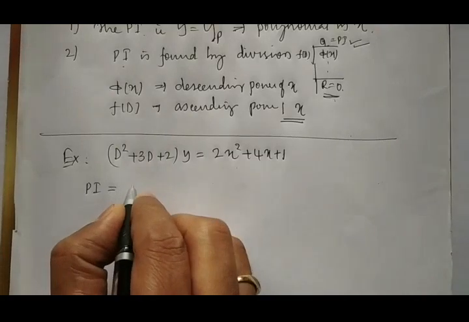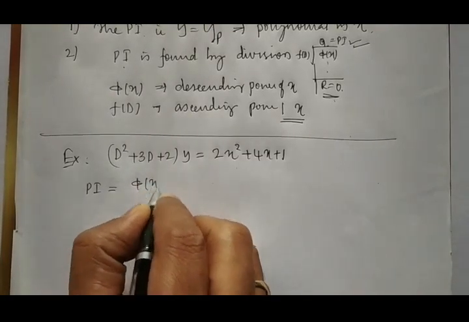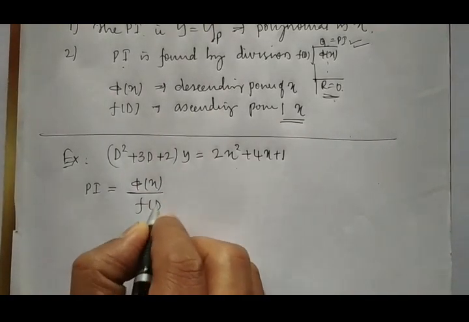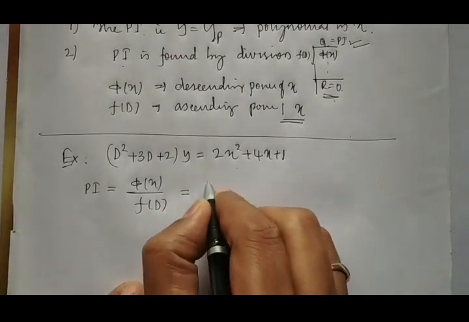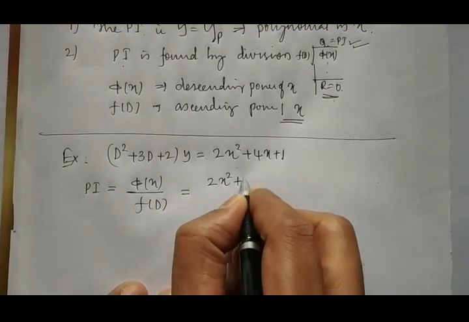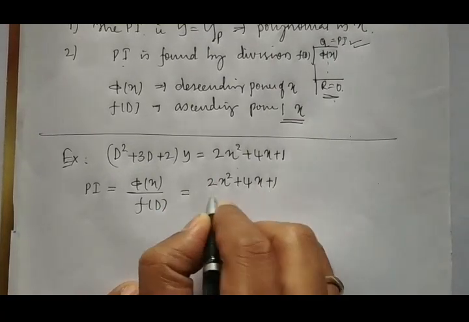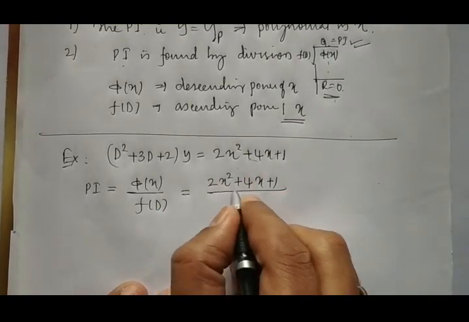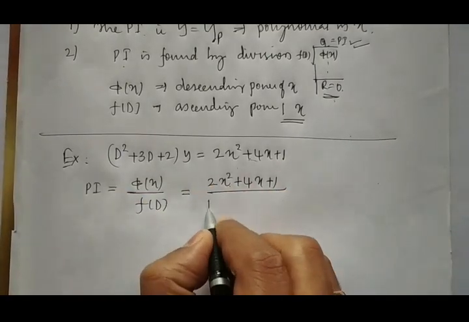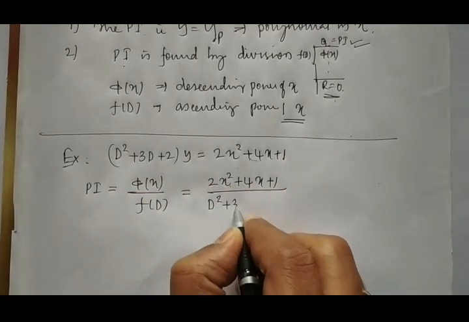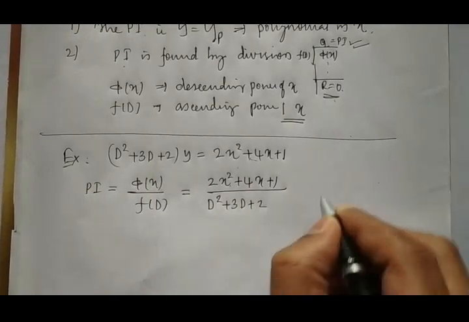We know that our particular integral is always phi of x divided by f of D. As per that, if you write this, then phi of x is 2x square plus 4x plus 1, which is a polynomial equation in x, divided by f of D. What is f of D? f of D is D square plus 3D plus 2.